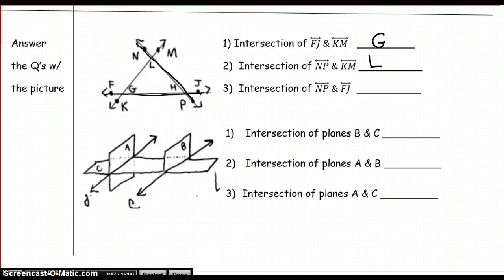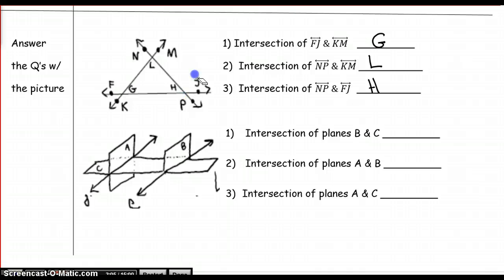Where do those two lines intersect? Good old-fashioned letter H. So that's, again, just the very basics as far as what it's going to look like when you have two lines that intersect with each other.